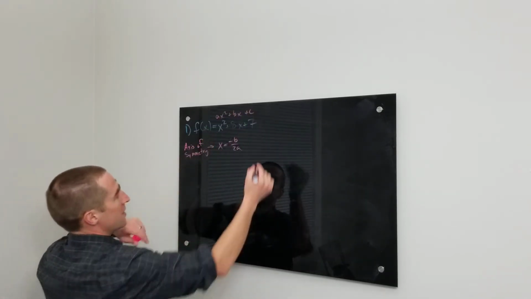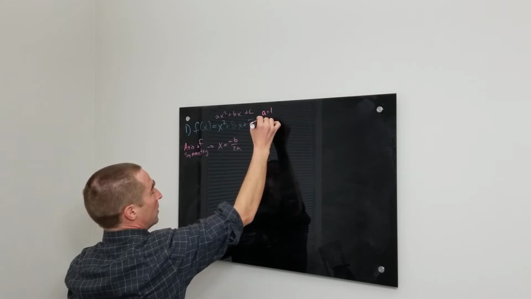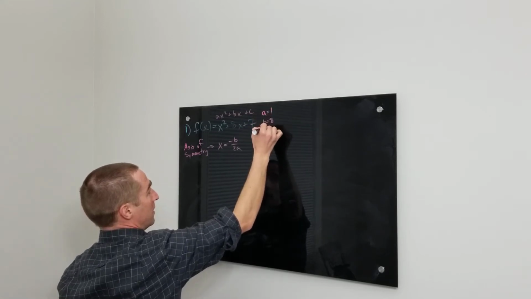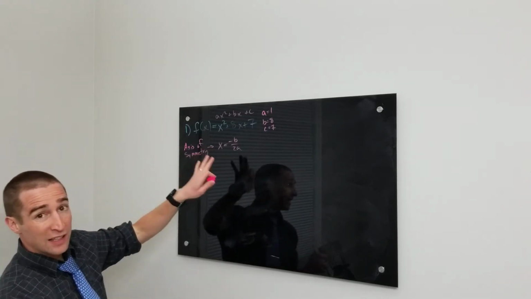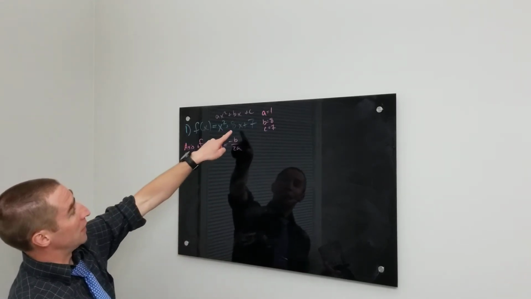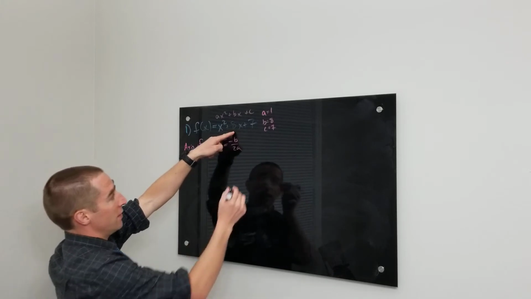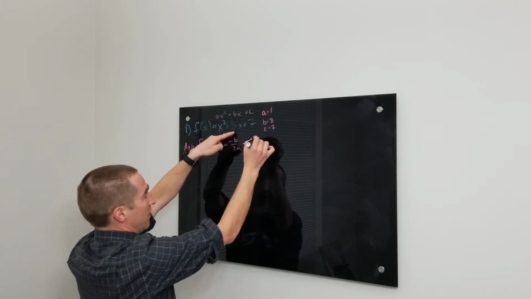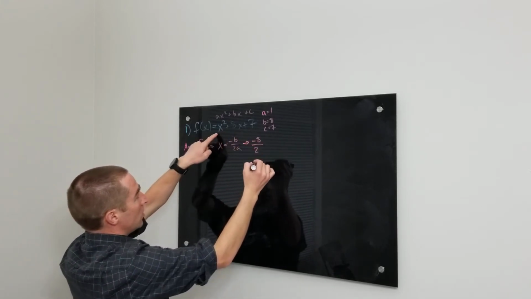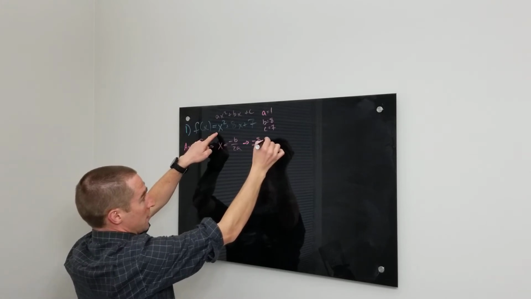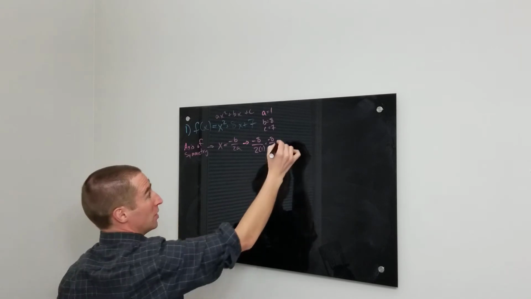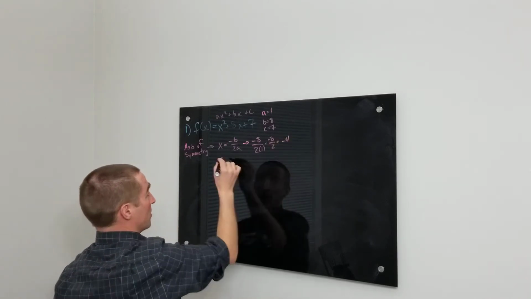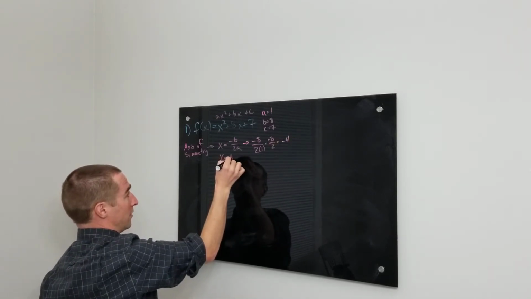In this case, the a number equals 1, the b number equals 8, the c number equals 7. So when we're doing our negative b over 2a, we're going opposite of this positive 8. So that's negative 8 over 2 times 1. So it's negative 8 over 2, which is negative 8 divided by 2, which is negative 4. So the axis of symmetry is x equals negative 4.